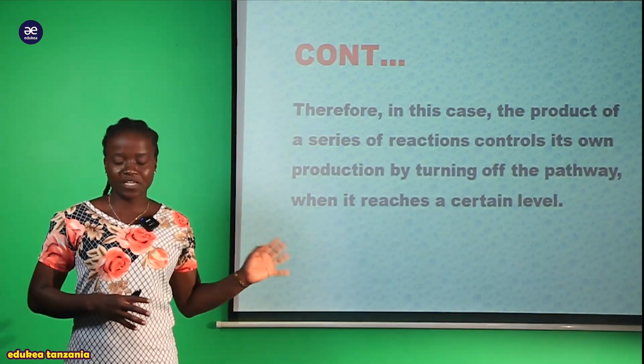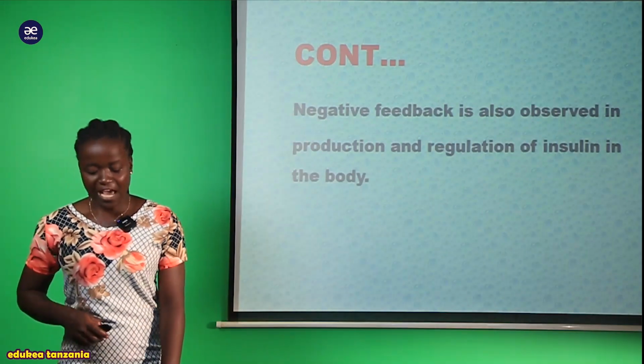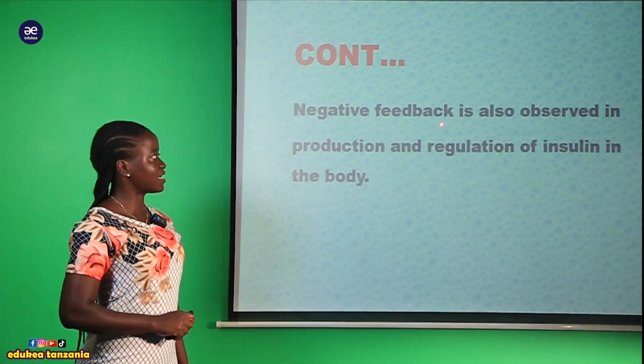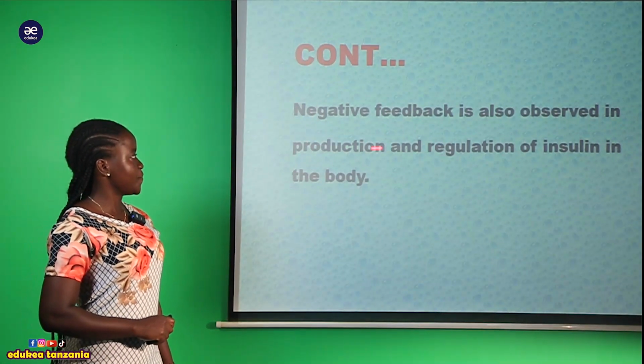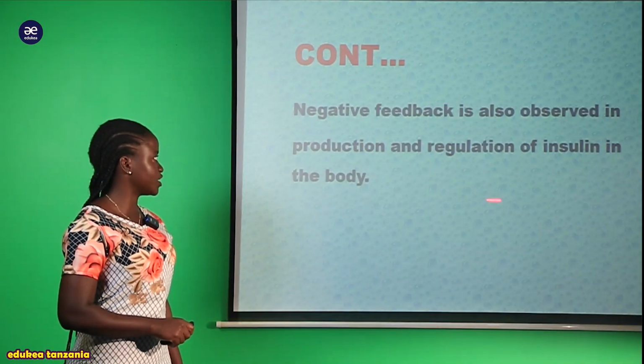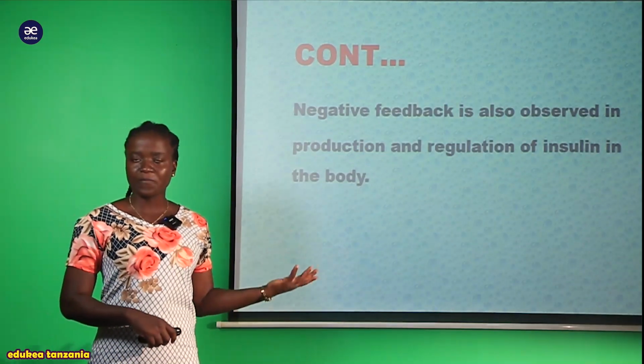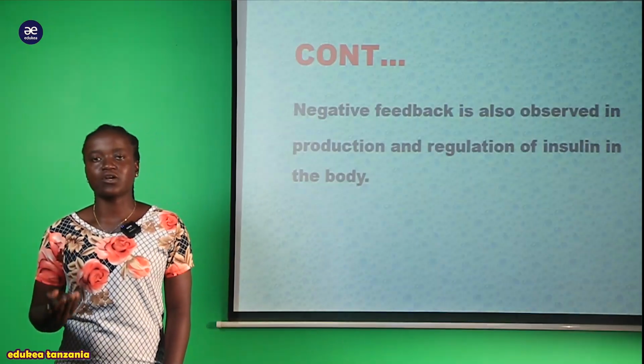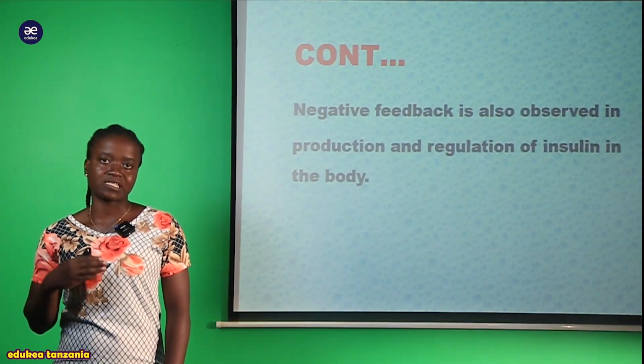So that is how they are regulated. And therefore we can say that the negative feedback mechanism is observed in the production and the regulation of the hormones in the blood.